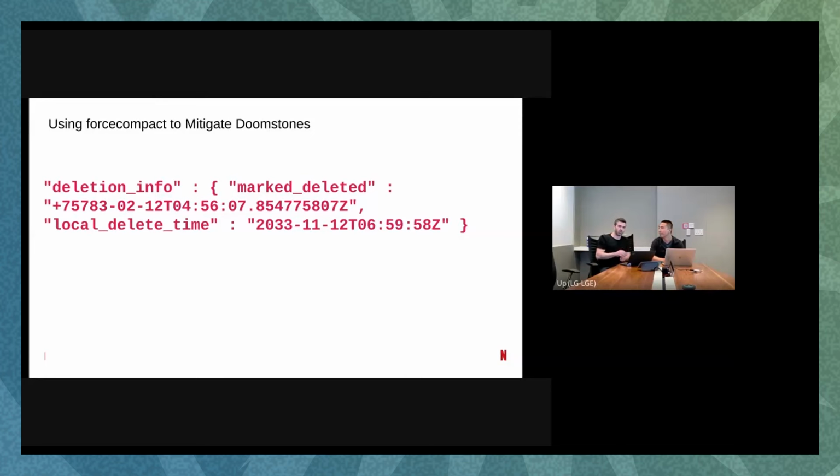So Cheng was able to use his tool to get us out of this incident relatively quickly, which is a huge win for us. There are lots of uses for force compact when you're going through production incidents. It's a dangerous but extremely helpful tool that you can use when you know it is safe to remove those tombstones, either because your customer is not worried about the inconsistency, because repair has run, or a couple of other conditions.